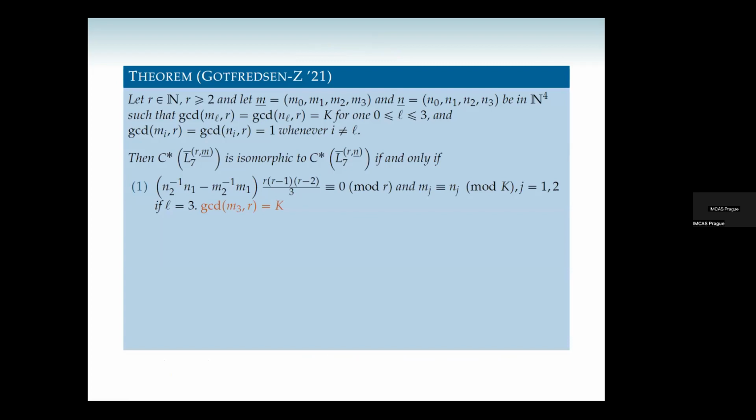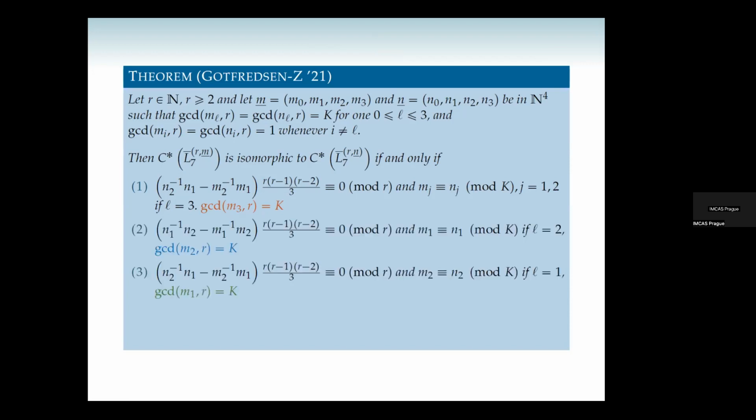This was precisely the condition they had. And then you also have that Mj and Nj for j equal 1 and 2 have to be congruent modulo K, which is the greatest common divisor. So you get some extra conditions. And if you look at it, it also makes sense, because if K is 1, this is always satisfied. And then we are back with this first condition.